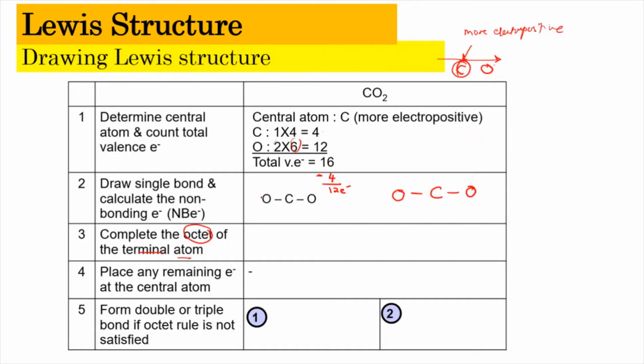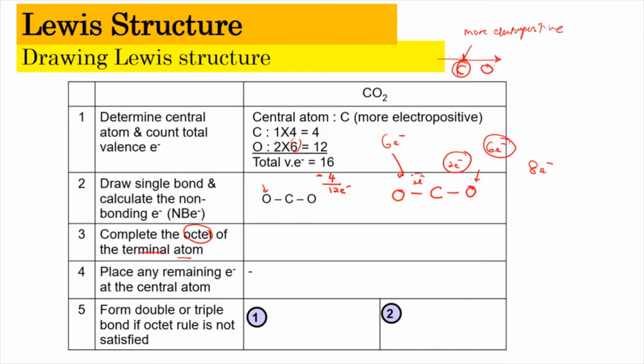So as you can see here, our oxygen has only 2 electrons. So they are lacking 6 electrons, because for oxygen to be octet, it needs to have 8 electrons. So they need 6 electrons more on the right hand side as well as on the left hand side.